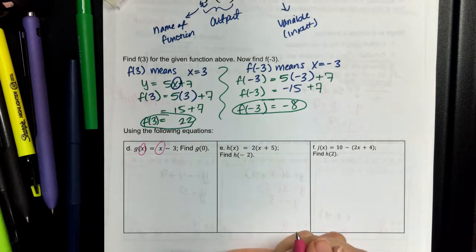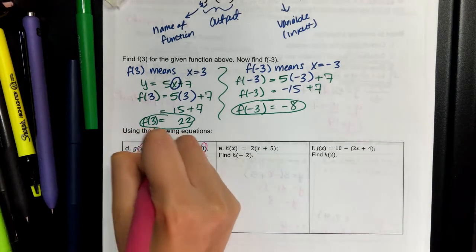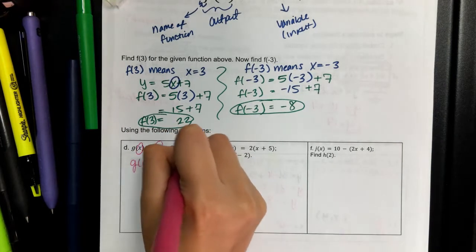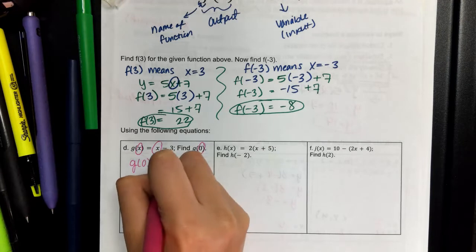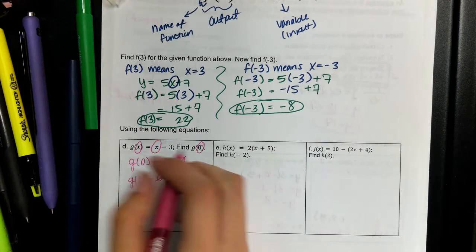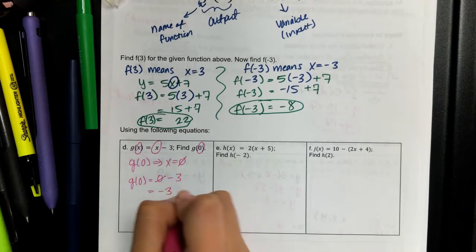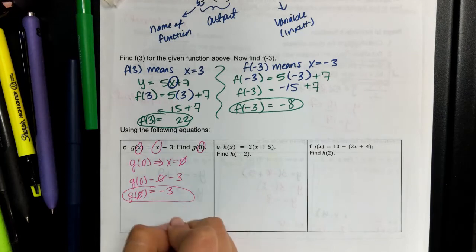So here's another x with 0, because g of 0 means x equals 0. So g of 0 equals 0 minus 3. I replace this x with a 0. 0 minus 3 is negative 3. So g of 0 equals negative 3.